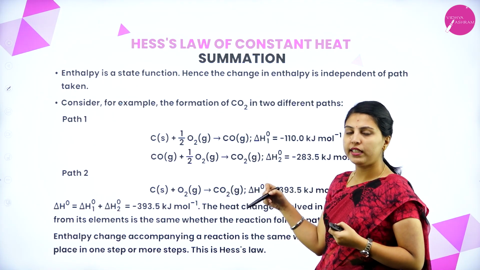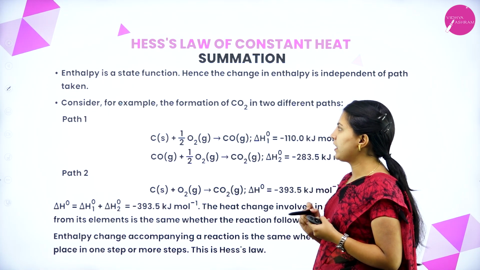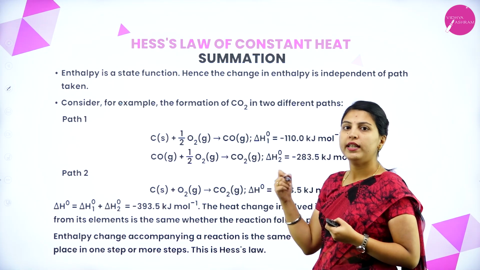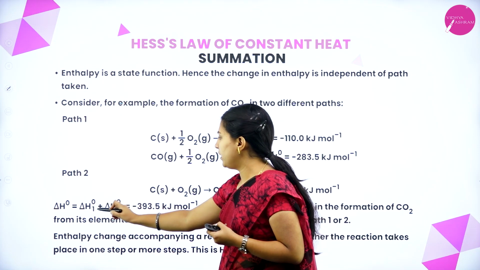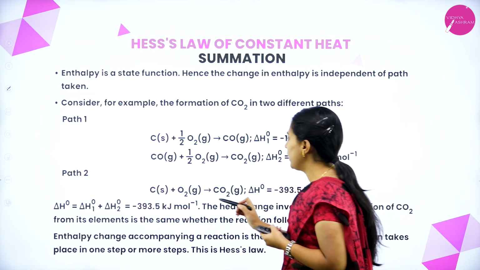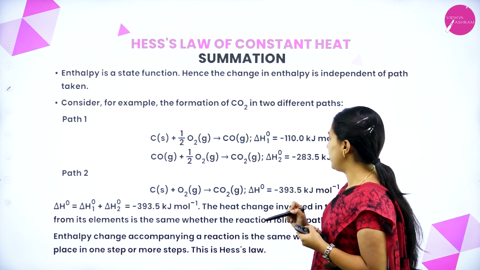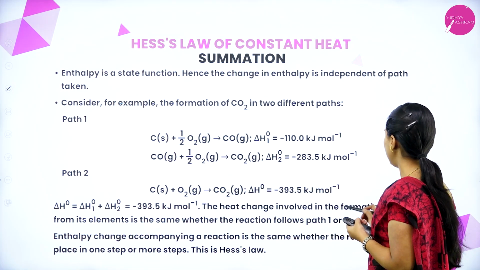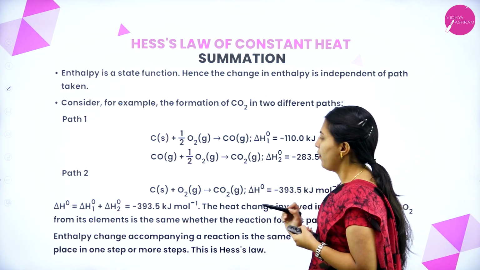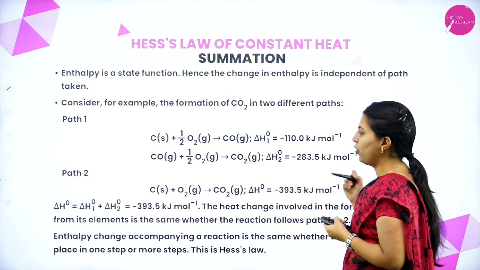By 2 ways it can form carbon dioxide, but since enthalpy is a state function, it does not depend on path. See here, delta H1 and H2, adding these two gives 393.5 kilojoule. The heat change involved in the formation of carbon dioxide from its elements is the same whether the reaction follows path 1 or 2.